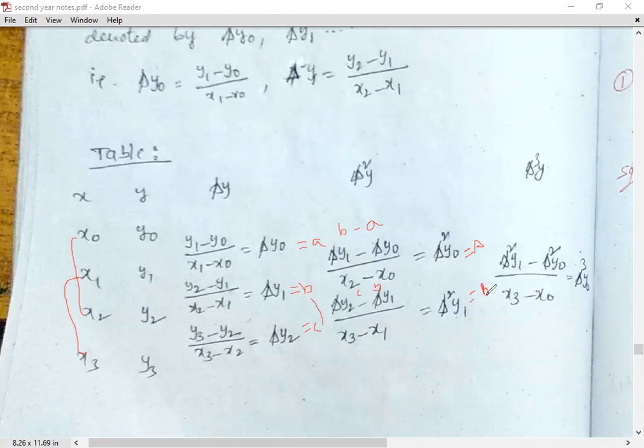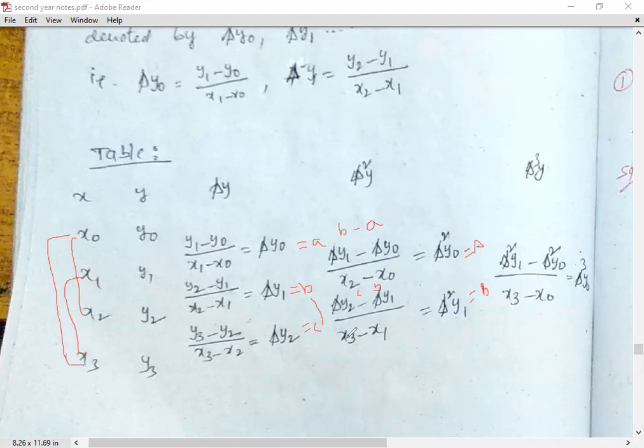Again, we can get third divided differences like successive minus preceding, B minus A, by x values difference, which should be considered here starting from x naught. Previously we skipped 1 point. Now we will skip 2 points so that from x naught we skip x1 and x2 and move to x3.